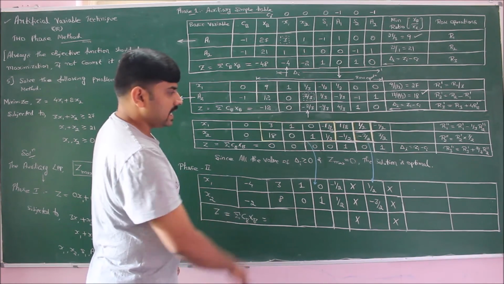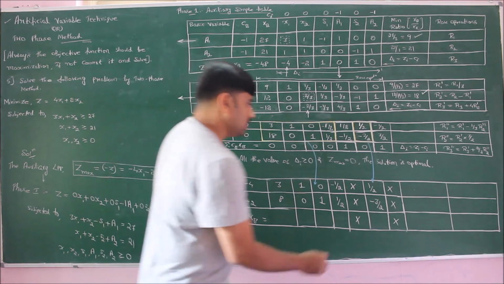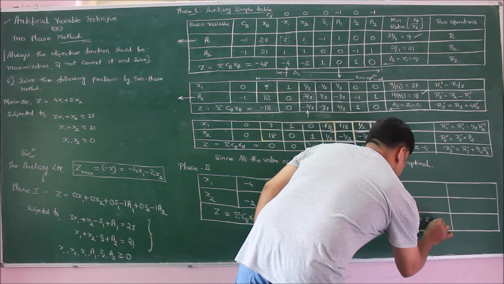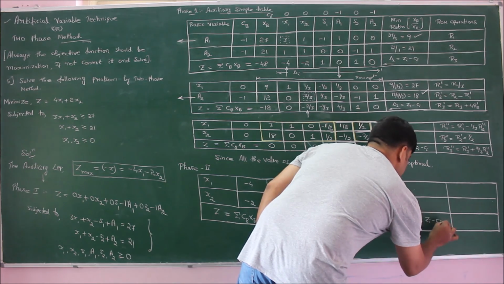Now I should calculate the actual value of delta I. So we know the formula, delta I is equal to Zi minus Ci.